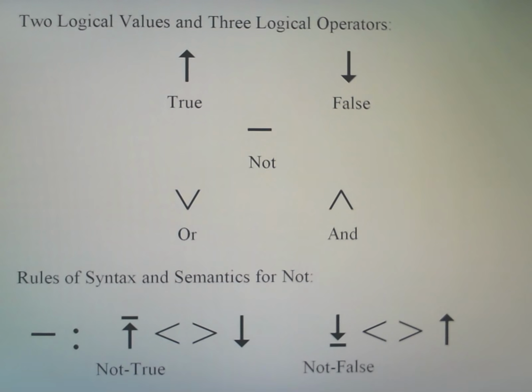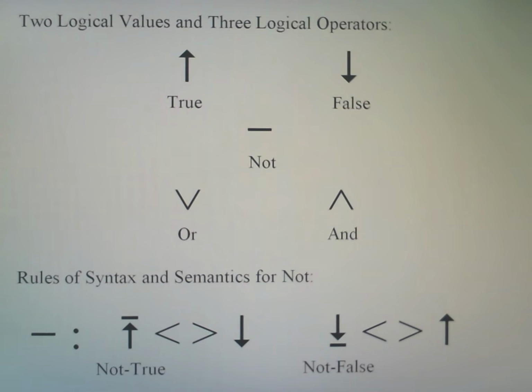I want to make it as easy as possible. We'll just use this symbol to mean "is the same as" in terms of logical value. And clearly, the logical value not true is the same as the logical value false. And of course, not false is the same as true. So here are the syntactics and the semantics for the not operator.